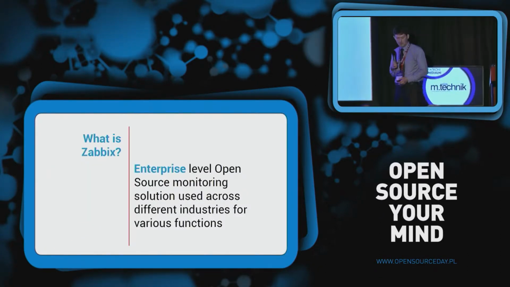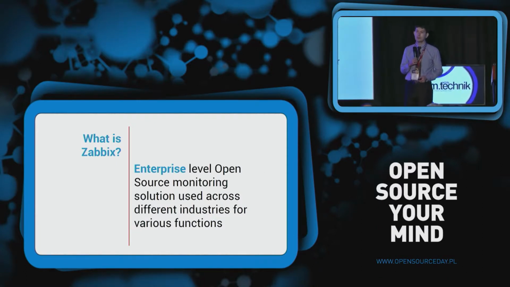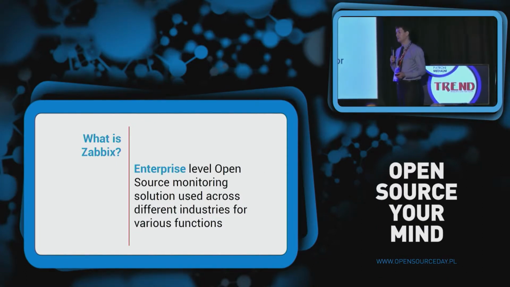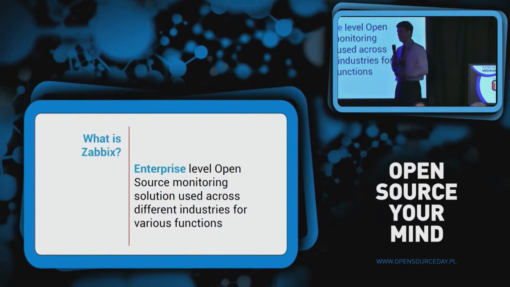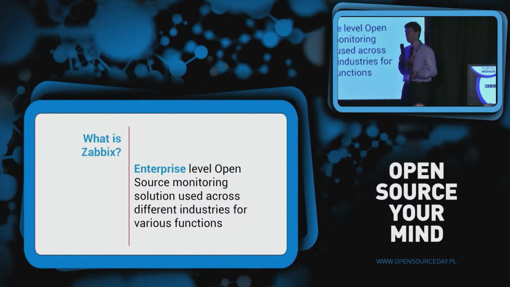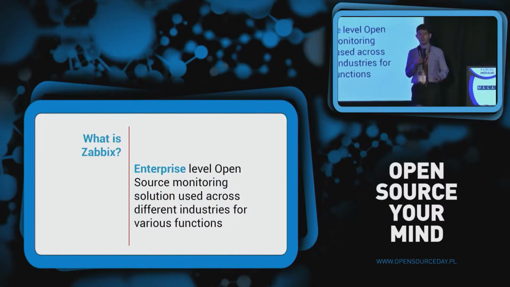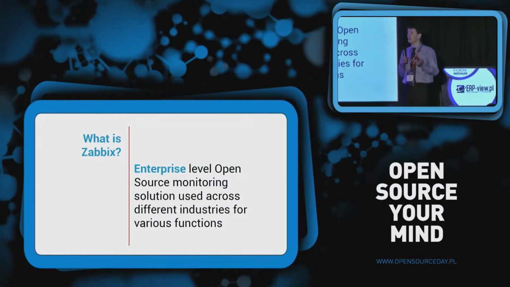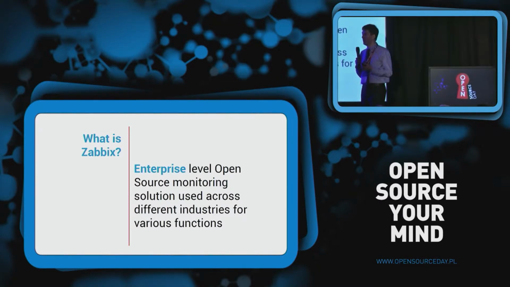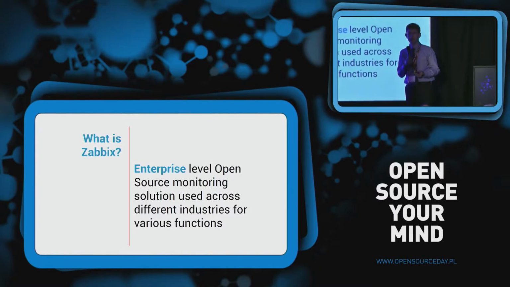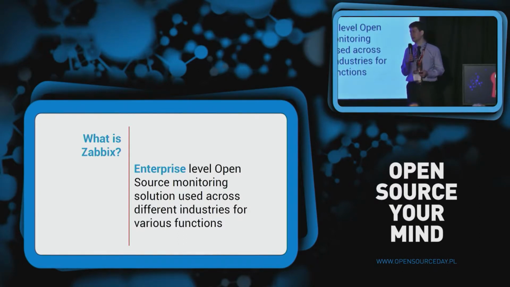So what is Zabbix? Zabbix is an enterprise-level open source monitoring solution. When I call it enterprise, it means it has certain features. First of all, it needs to be scalable. It has certain abilities in regard to high availability and redundancy.